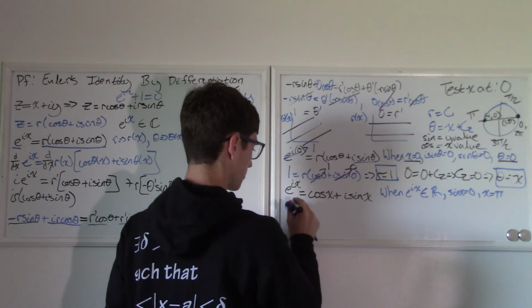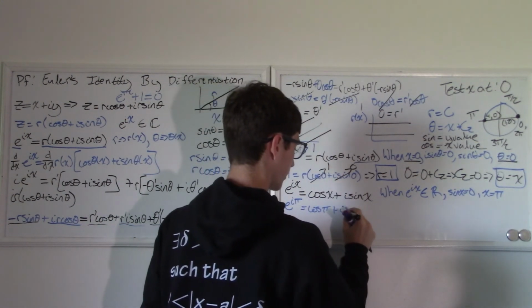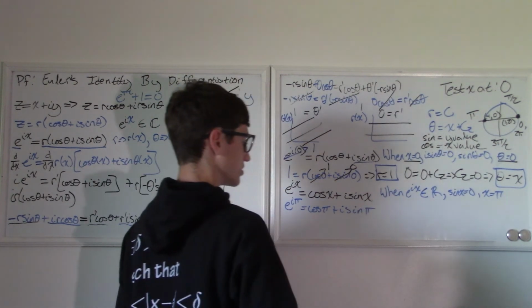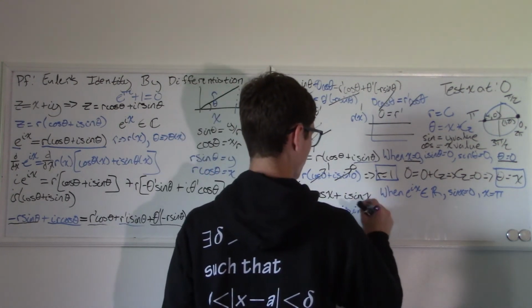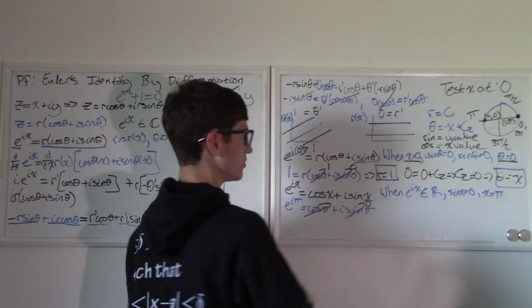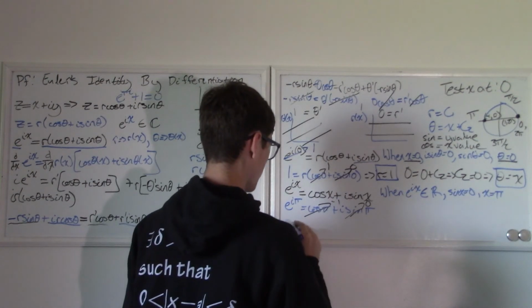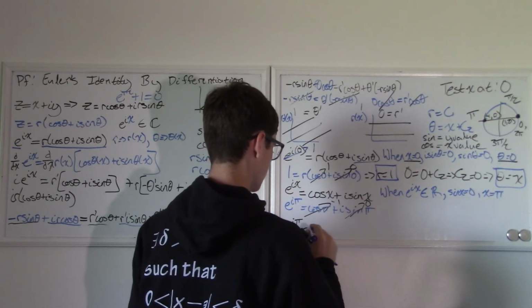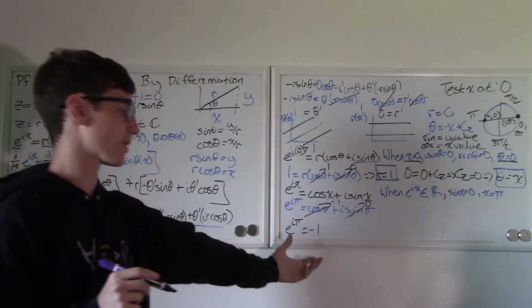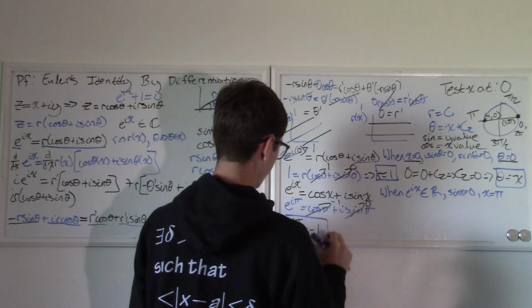We'll get e to the power of i times pi is equal to the cosine of pi plus i sine pi. Well, we just said i sine pi is 0. And cosine pi is nothing but the x value, which is negative 1. So we'll get e to the power of i times pi is equal to negative 1, or e to the power of i times pi plus 1 is equal to 0. And there is Euler's identity.